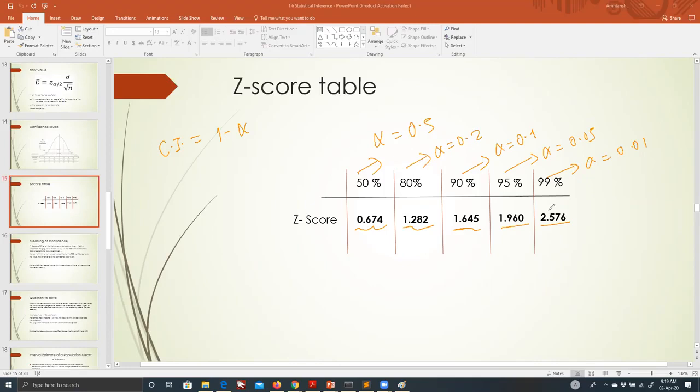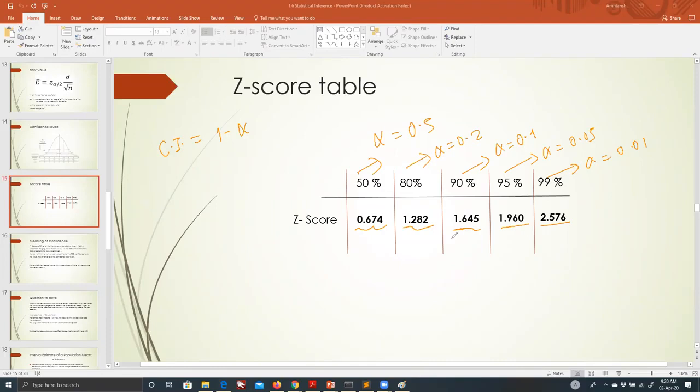Is the z-score also for single tail or two tail? Yeah. Z value will change a bit, but you can use this Z value in the current calculation. So I would really like you guys to note it down, because if I change the slide, you will miss this information.